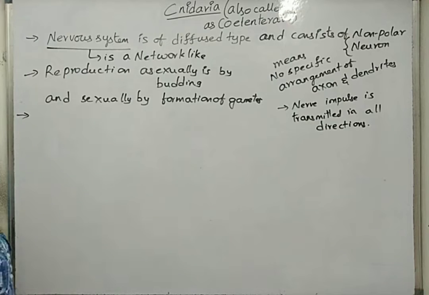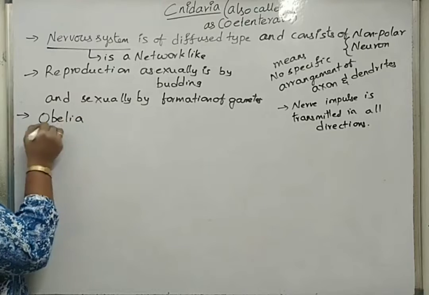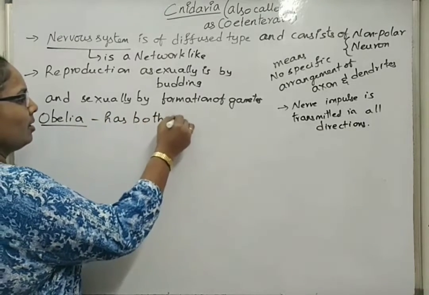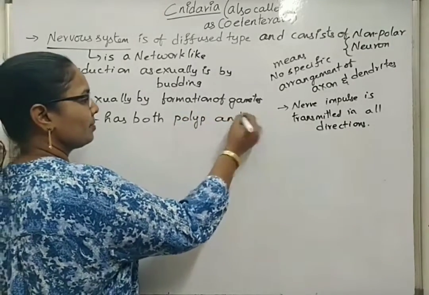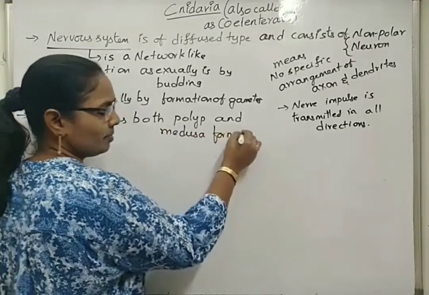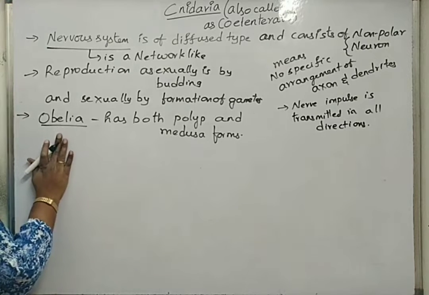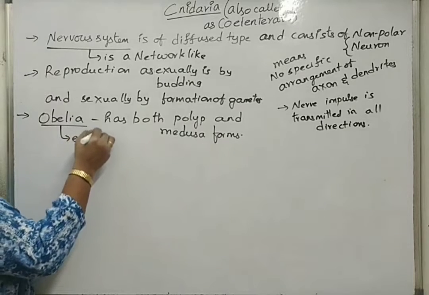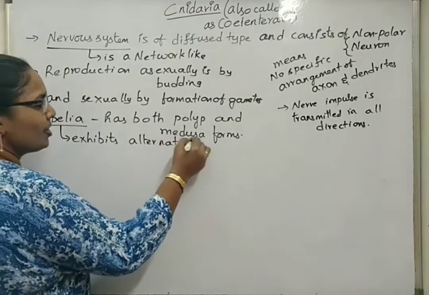Obelia that exhibits both polyp and medusa forms. Obelia has both polyp and Medusa forms. So we can say that Obelia exhibits alternation of generations in its lifetime.